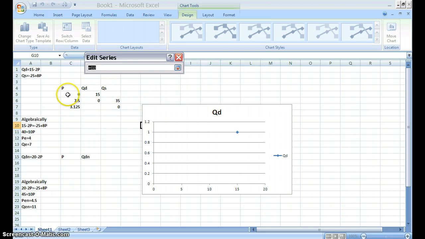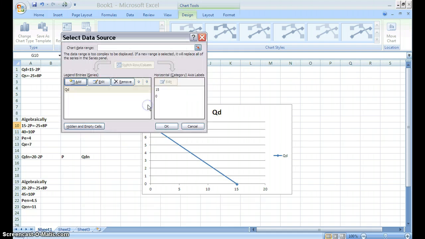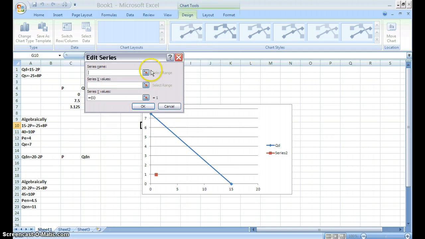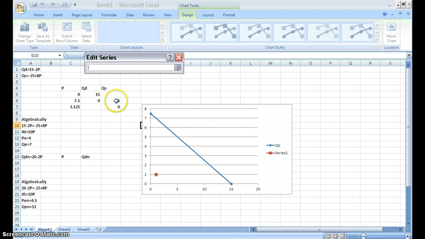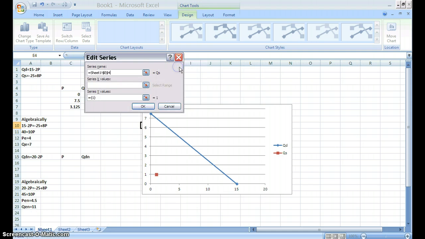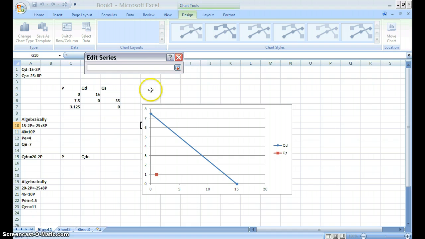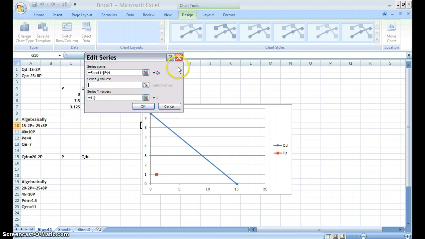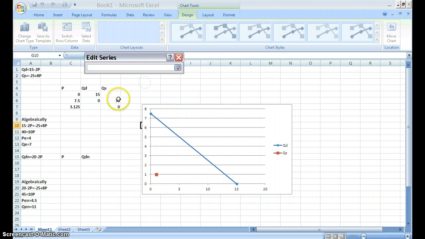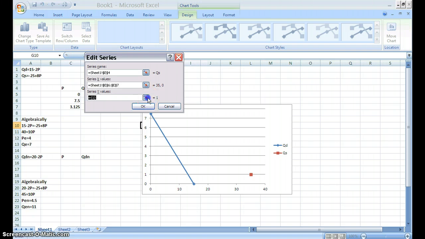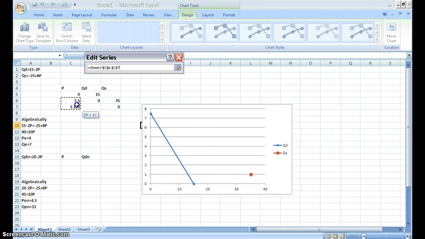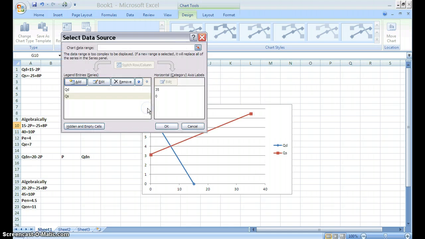And now we pick the two for price that correspond with those, and we have our demand curve. Let's add the supply curve in now. Supply curve would be that for my label. And now I pick my data, which is going to be these 2 points right here. And my price data would be these 2 points here. And I have it.